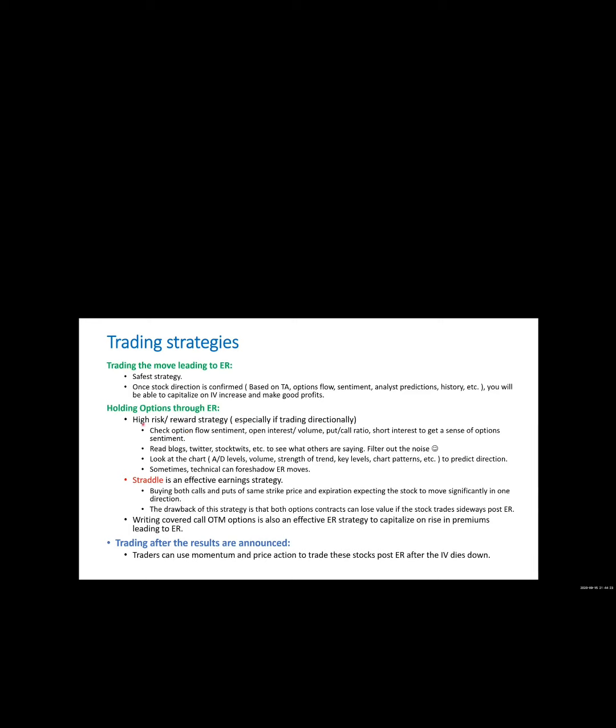If you're planning to hold through earnings, check the options flow sentiment, open interest and volume, look at the put call ratio, and look at the short interest to get a good sense of the option sentiment. I will cover what open interest and volume are in the next class when I go over Greeks. But open interest is essentially just the total number of contracts that are not yet exercised. Let's say you have an Apple 200 call.